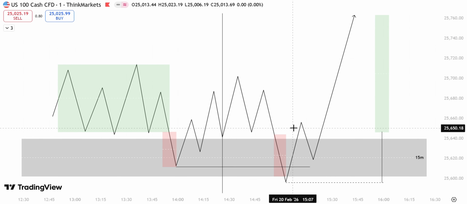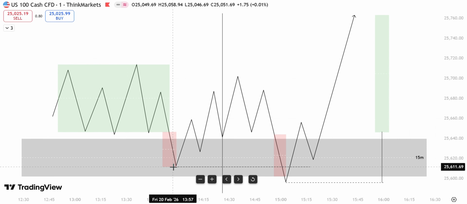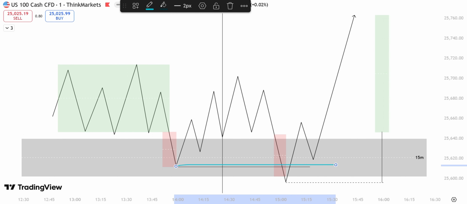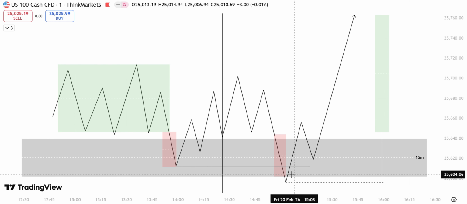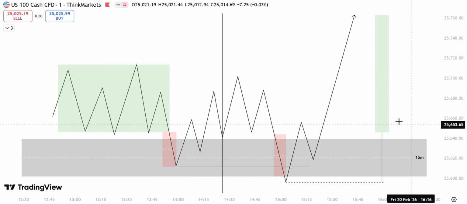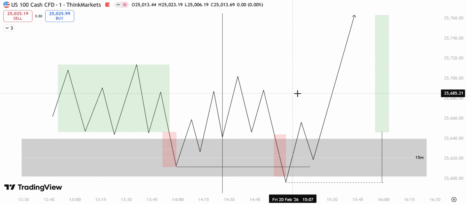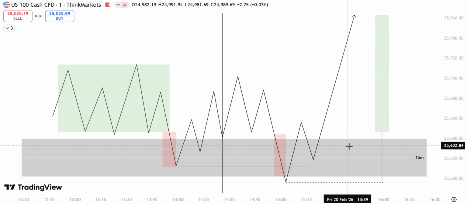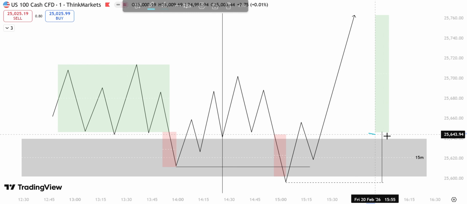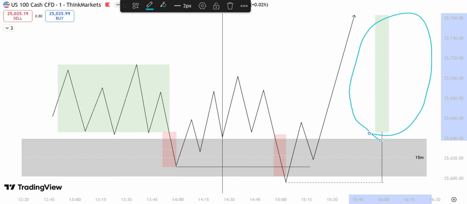And that wick, that single tick of a wick, it doesn't matter, that single tick of a wick can be your manipulation. Yeah? And with that manipulation, what your main focus is to catch the inverse or the other side of the trade, right? Because that is what power 3 traders do. We wait for the manipulation, and then we wait for the distribution to happen. And the distribution phase is the expansion phase up, right?